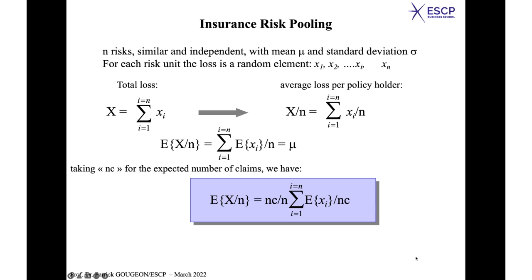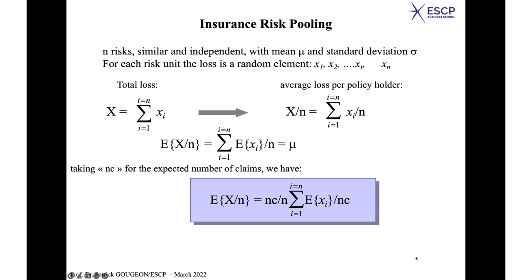Some xi will be 0, and a certain number of cases will occur, and there is a certain number of claims to be paid to part of the population. And the number of entities with the occurrence of an event is NC.